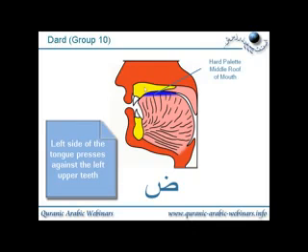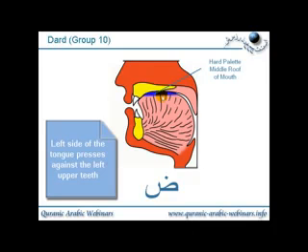So say bod. It's like saying the English word door, but putting your tongue on the upper left teeth and applying pressure and then releasing it.